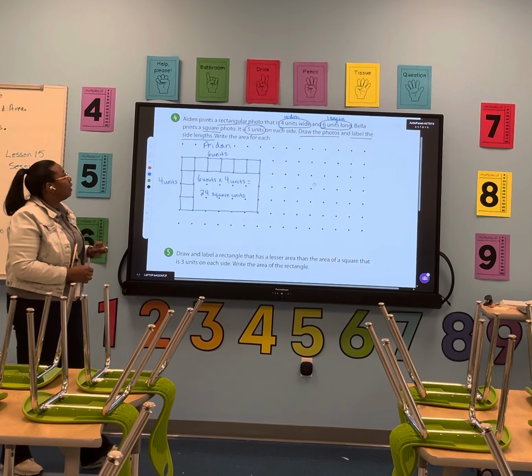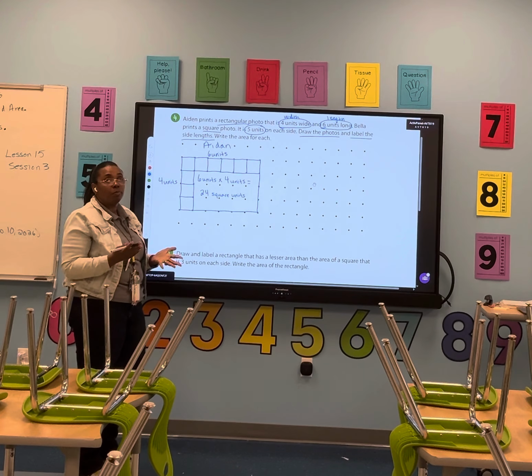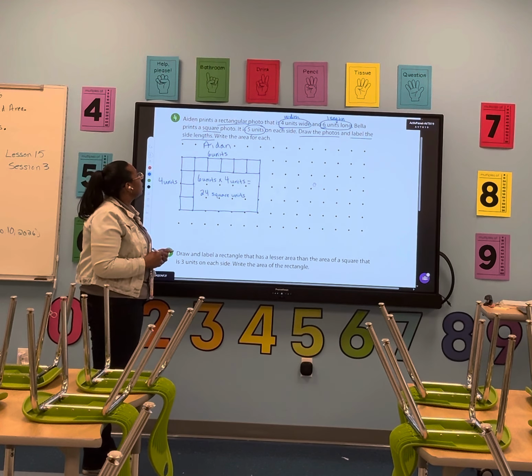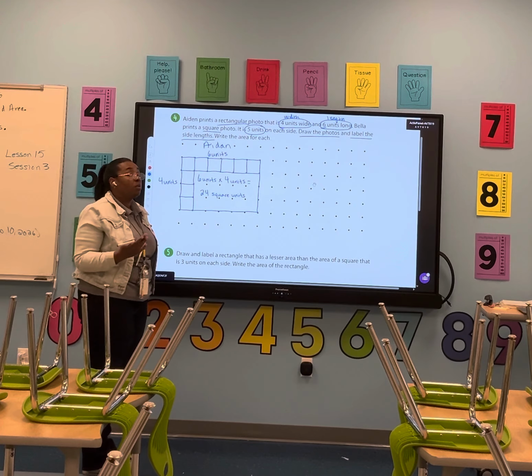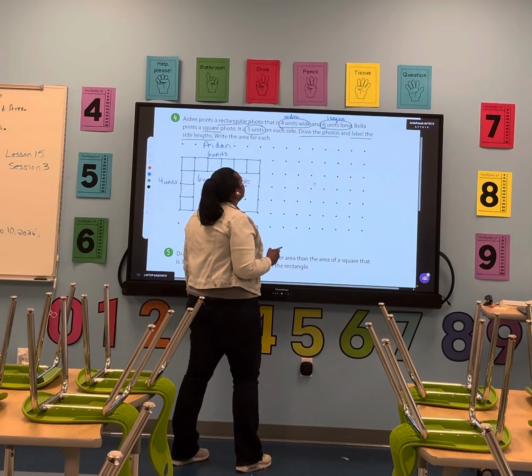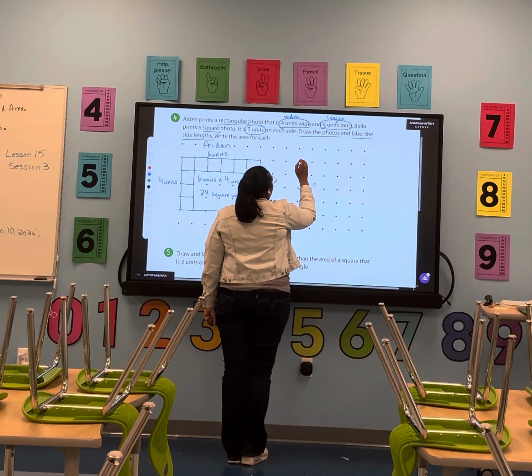Let's go ahead and do Bella's square. Remember, hers is a square, so hers is special. So we're going to go ahead and get started. It said it's 5 units on each side, so that means the length and the width is going to be 5. So let's get started here. So I'm going to start with my 5 squares.